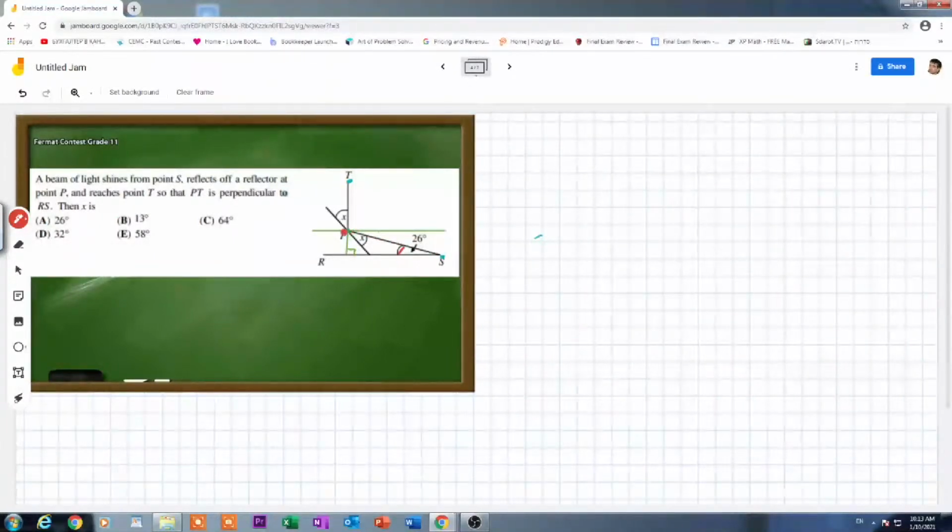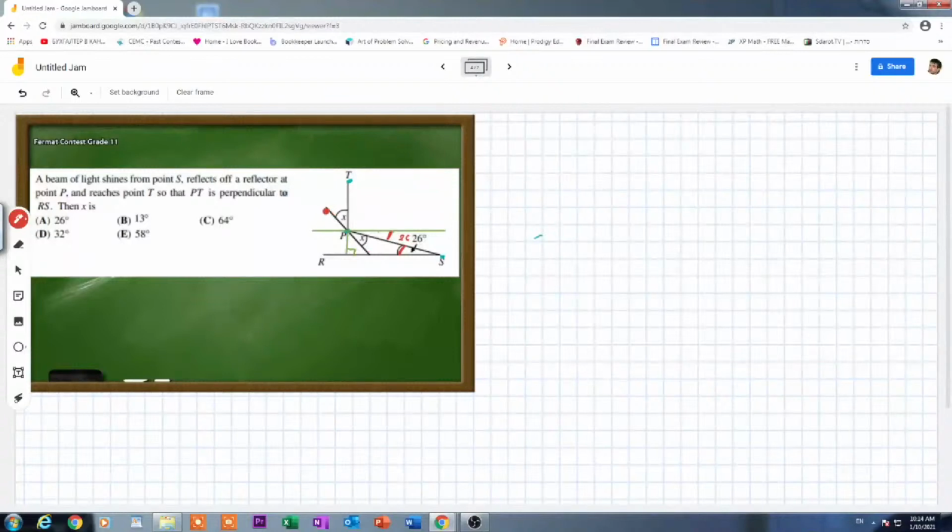Because RS and the line that I drew are parallel, so we have alternate angles, right? So these two angles that I marked in red, they are alternate angles and they are always equal, right? So alternate angles are equal. So it means that this angle is 26 degrees as well, right?